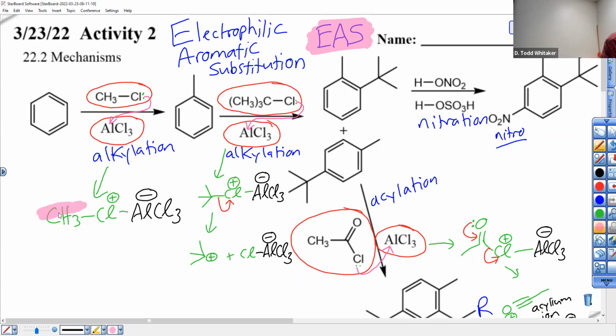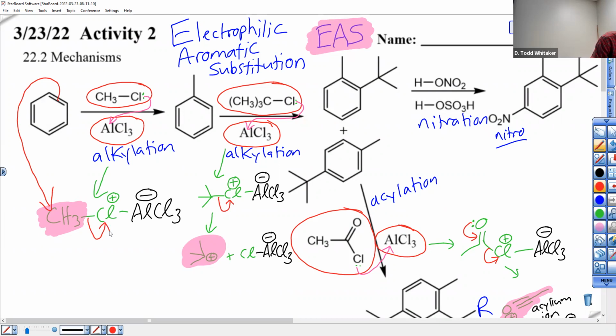Here's the electrophile here. And our acylium ion is the electrophile here. Benzene attacks those. Leaving group leaves. That's like a backside attack, isn't it?